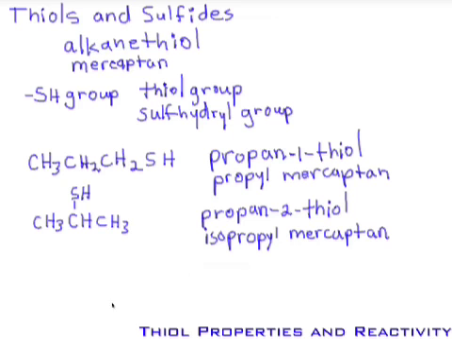Now if we compare the simplest analog, H2S, it has a pKa of about 7, whereas H2O, remember, had a pKa of about 15.7.